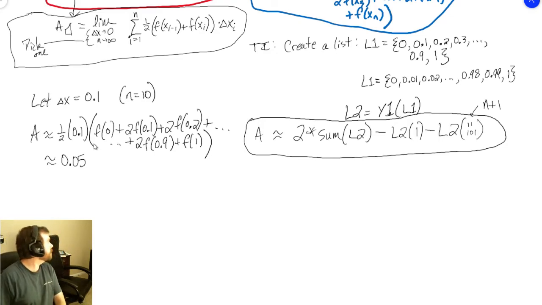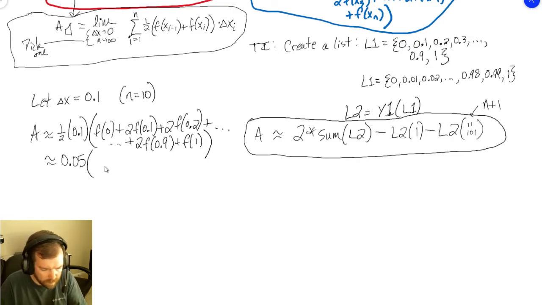Where did I put it? That's weird. Table. I don't know what I'm doing with this thing.